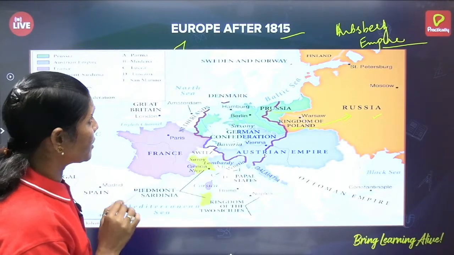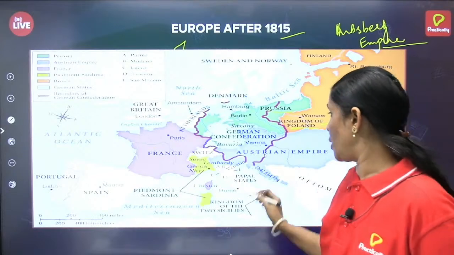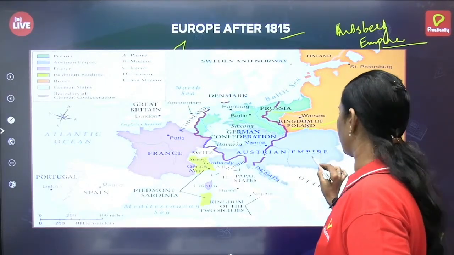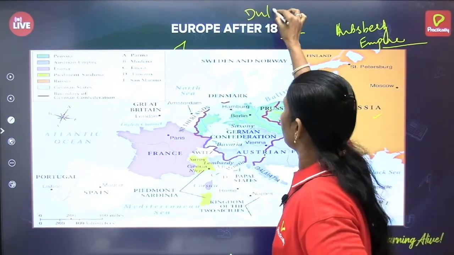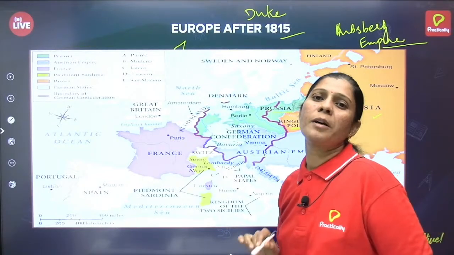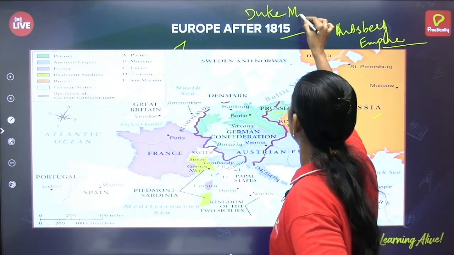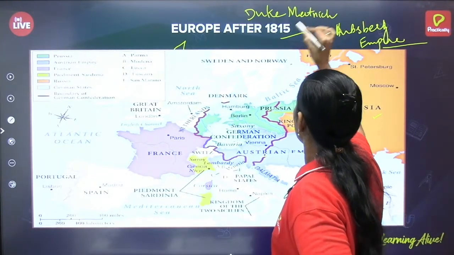And this Treaty of Vienna was headed by Austria. Please note this point. The Austrian leader was called Duke Metternich. Duke means king.